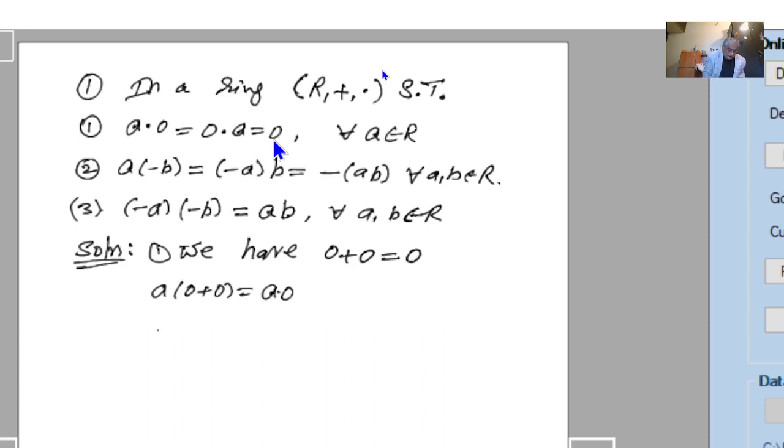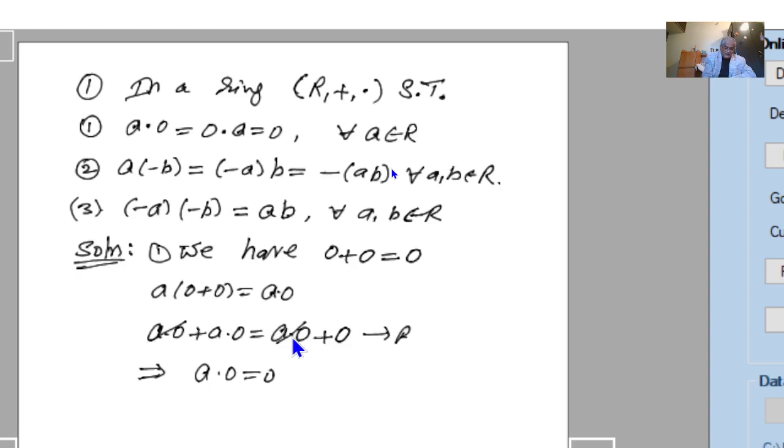Now, by distributive laws, we can write the left hand side as A into 0 plus A into 0, is equal to, on the right hand side, A into 0. As 0 is the identity element, I can add 0 on the right hand side. Now, by left cancellation law, we can cancel this A into 0 and A into 0, that is removing this A into 0 which is on the left. This implies A into 0 is equal to 0, by left cancellation law. So we have got A into 0 equal to 0.